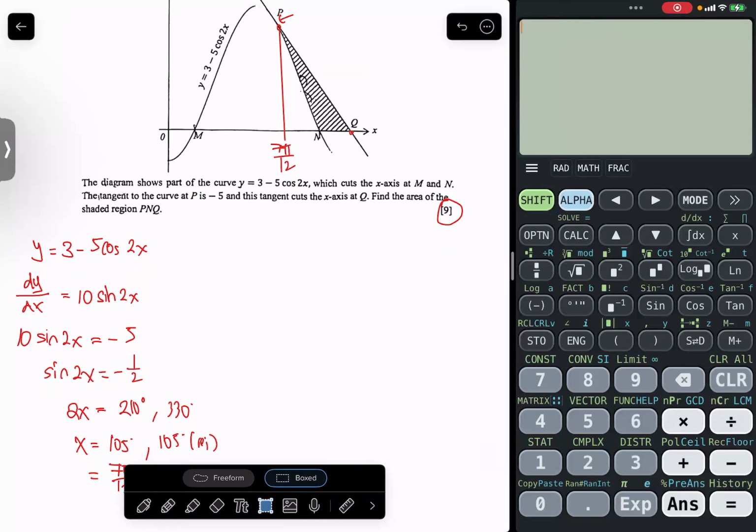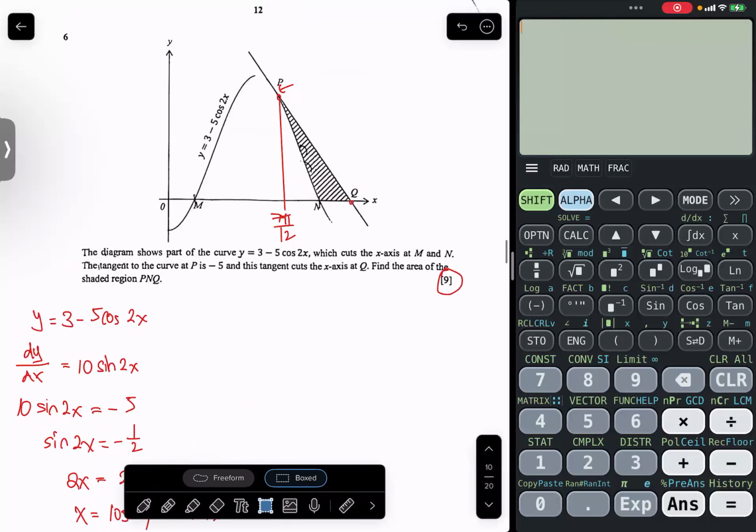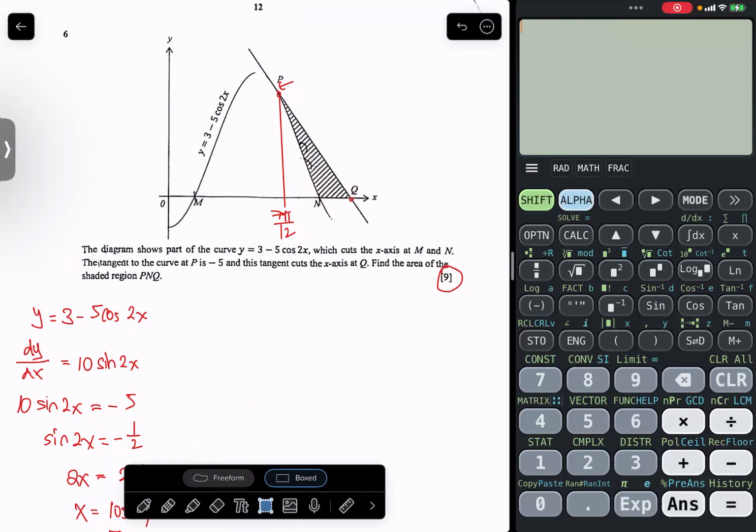So what are we supposed to do? Find the area P and Q. So we need to find Q. At P, y equals 3 minus 5 cos 7 pi over 6.